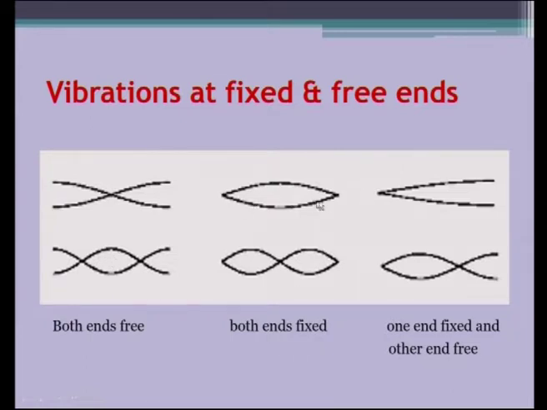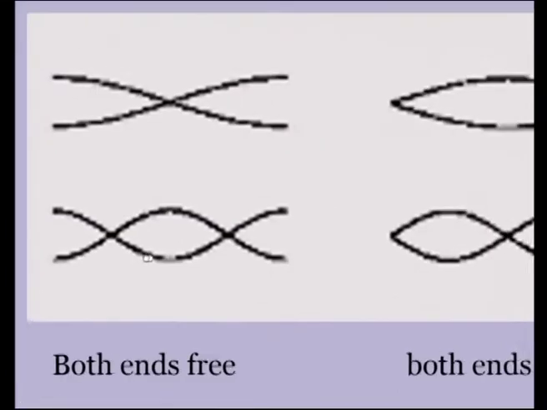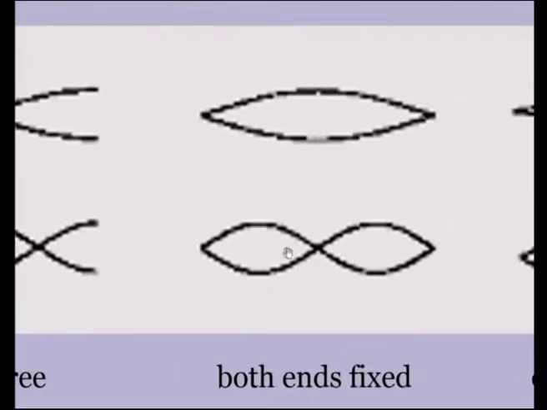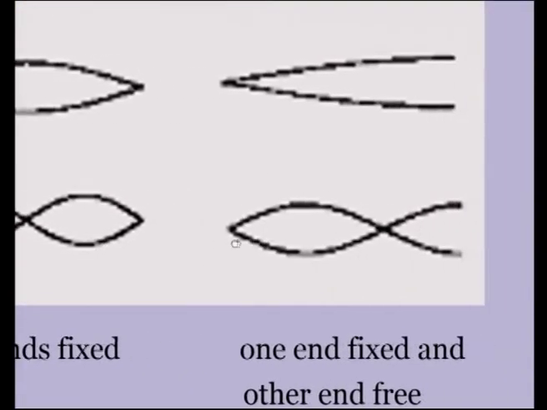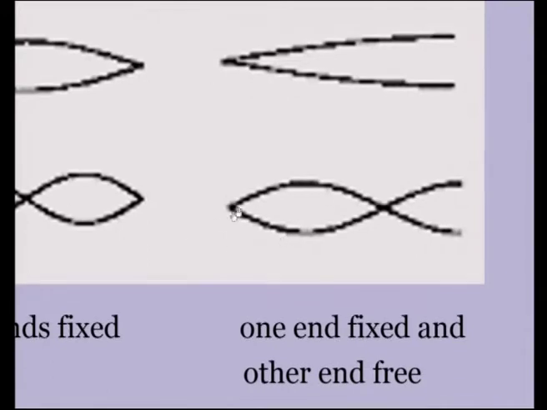When we vibrate it at one condition, one loop is formed for a particular length, and in this case there are two loops formed. Accordingly, here also we have the loops formed. I will show it with enlargement of the picture. So, these are the meanings of modes of vibration.